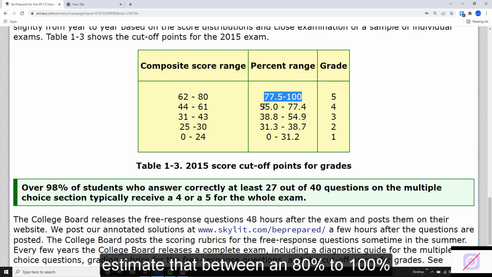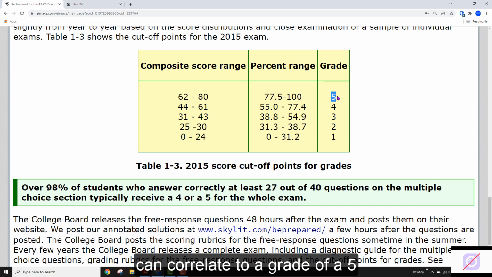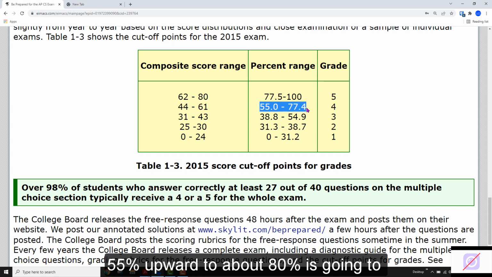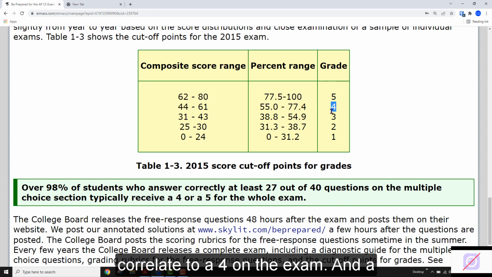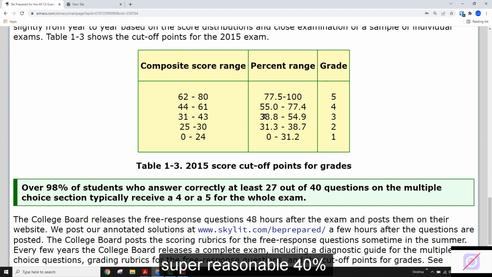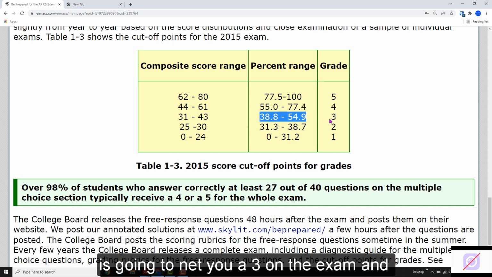But we can estimate that between 80% to 100% of the items correct in any given year can correlate to a grade of a 5 on the AP exam. Then we have from 55% upwards to about 80%, it's going to correlate to a 4 on the exam, and a super reasonable 40% upwards to 55 or 60% is going to net you a 3 on the exam.